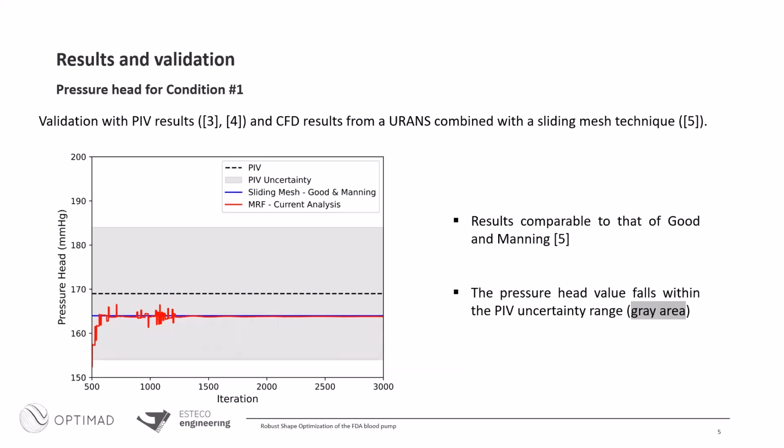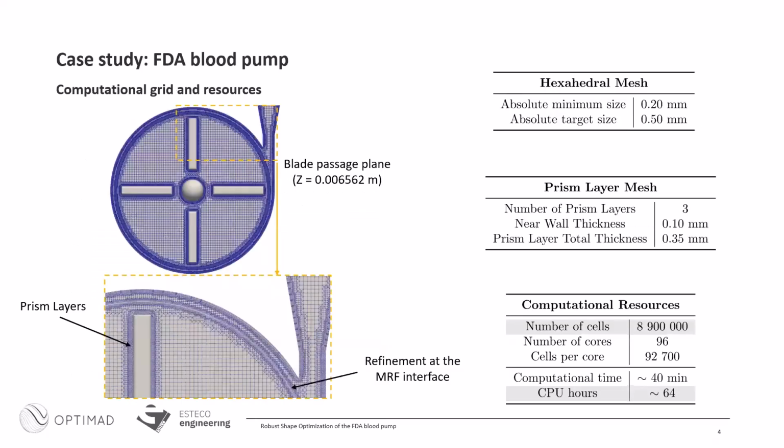In such a way, we could make a better comparison, with at least the same number of cells. And we also include a refinement at the interface of the MRF. For the MRF, in order to decide the dimension of the MRF region, we analyzed 3 different regions, and finally we decided on the one that offered the best results with respect to experimental data and the work of Booth and Manning. That's it.